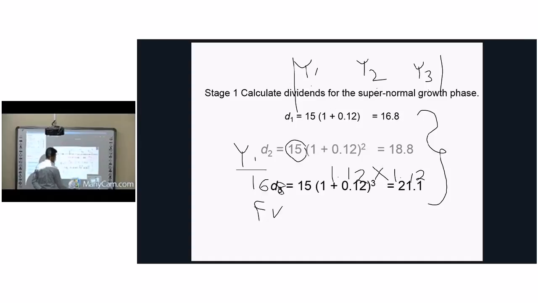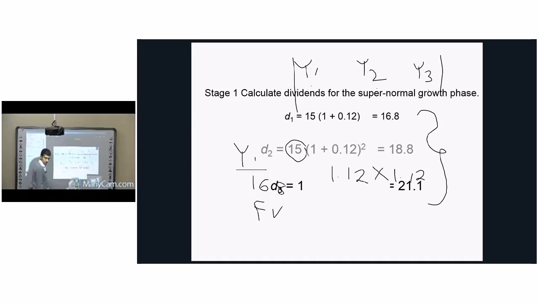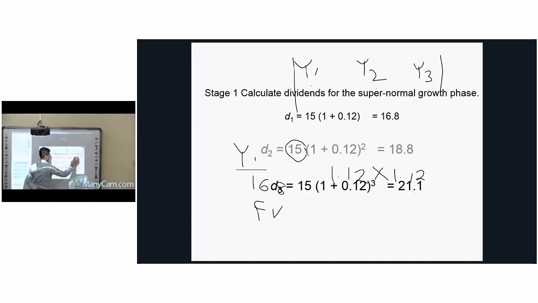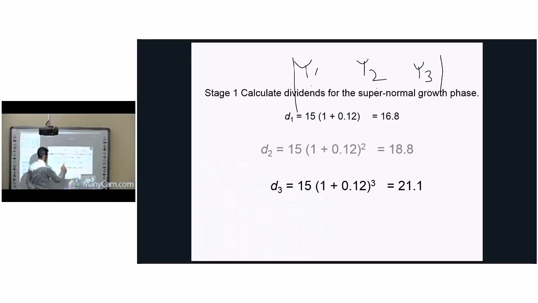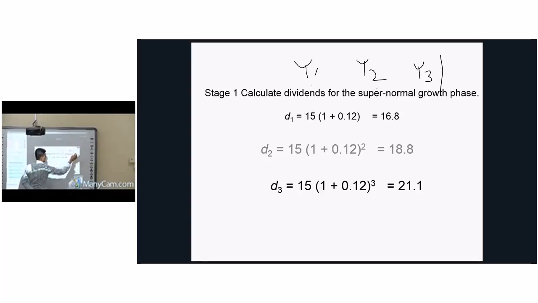so once we get these three figures, you can calculate the present value by dividing by 1.16 to the power 1, 1.16 to the power 2, and 1.16 to the power 3.